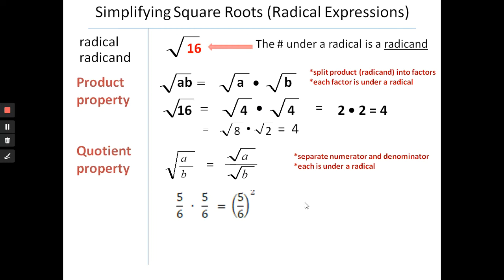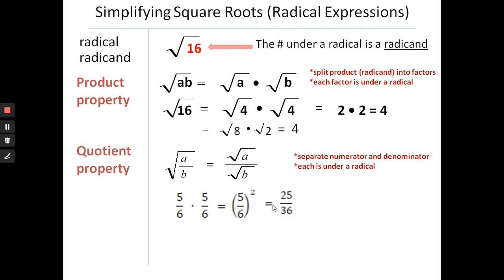So I have 5/6, and I'm going to multiply it by 5/6. In other words, I'm going to square it, and I'm going to get (5/6) squared. We all know that 5/6 times 5/6 is 25 over 36. We just multiply straight across. Now, if we were to go in reverse, to undo squaring it, that would be taking the square root of it.